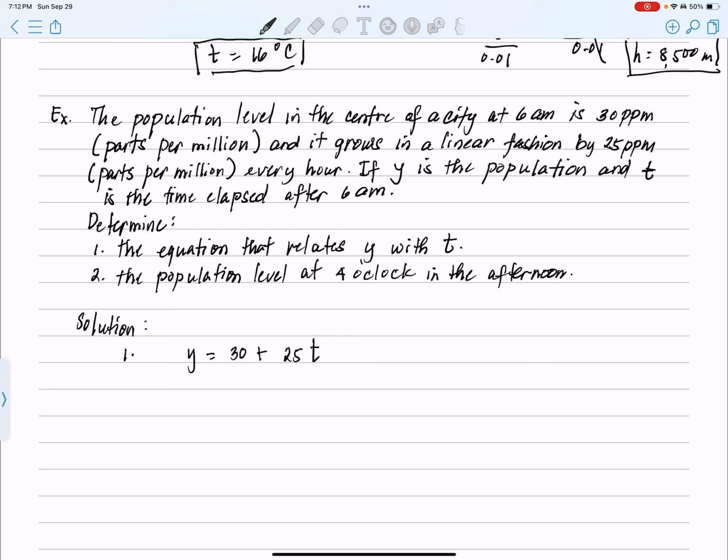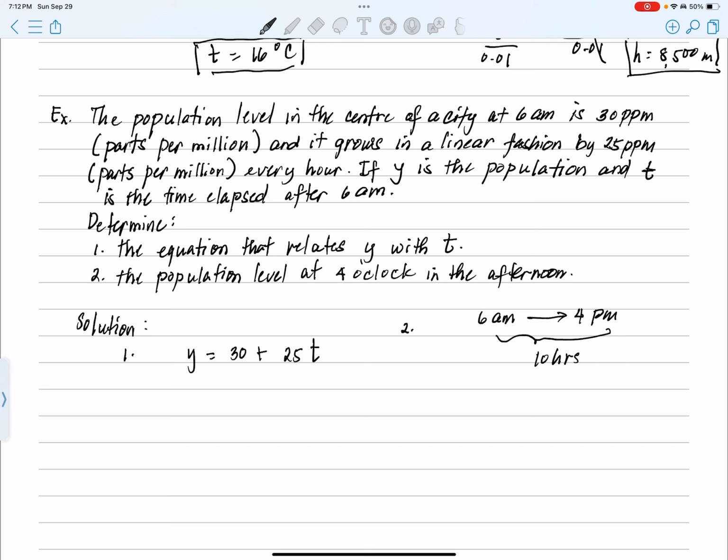From the equation, we can solve the pollution level at 4 o'clock. Now remember, it started at 6 a.m. and goes until 4 p.m. So how many hours would it take from 6 to 4? That means there are 10 hours.